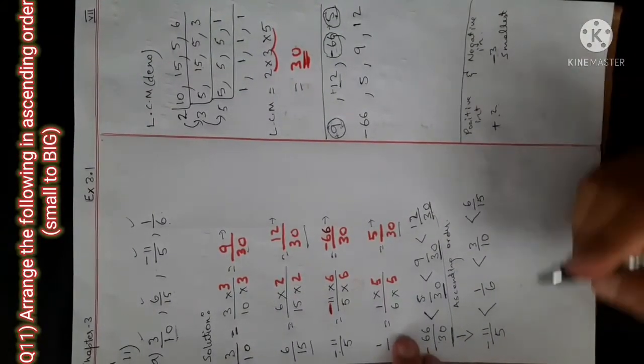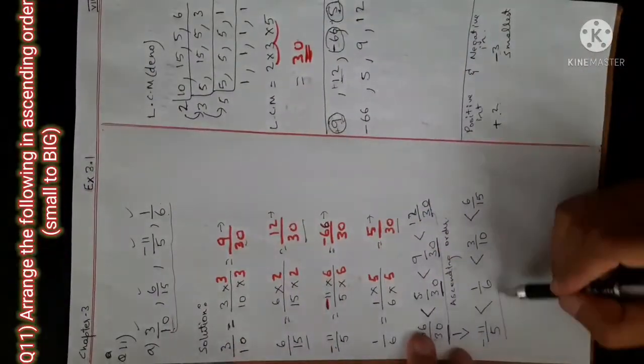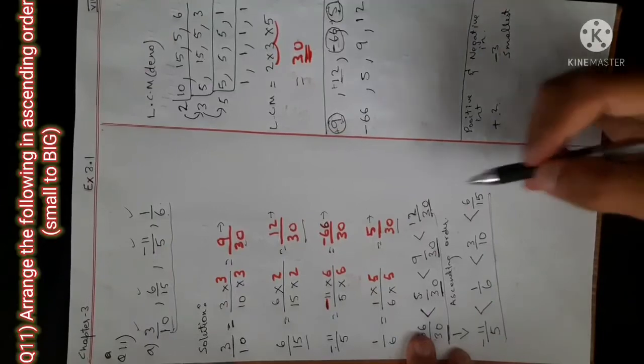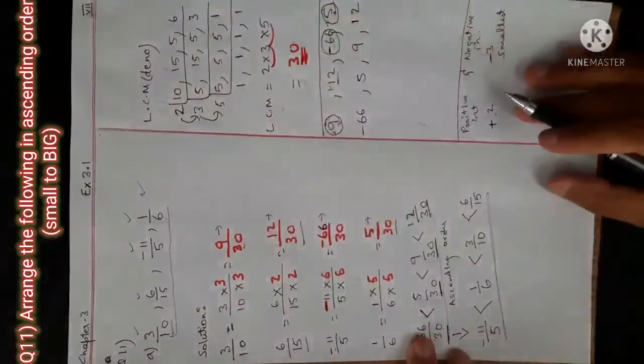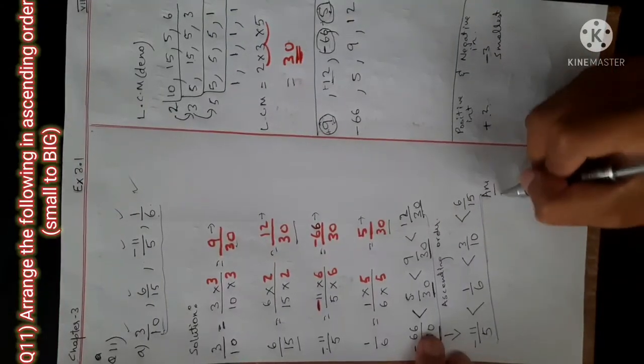So we have written these given rational numbers in ascending order. So hence this is the answer.